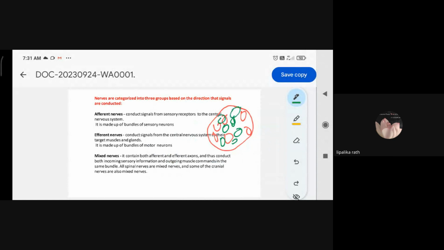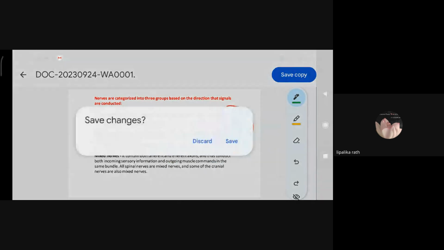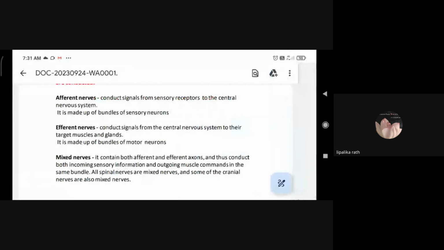So this bundle is mixed. So it contains both afferent and efferent neurons and thus conducts both incoming sensory information and outgoing muscle commands in the same bundle. All spinal nerves are mixed nerves and some of the cranial nerves are also mixed nerves. All the spinal nerves are mixed.